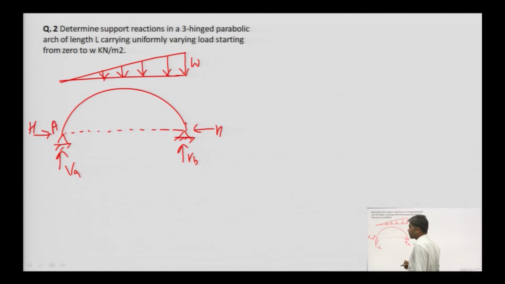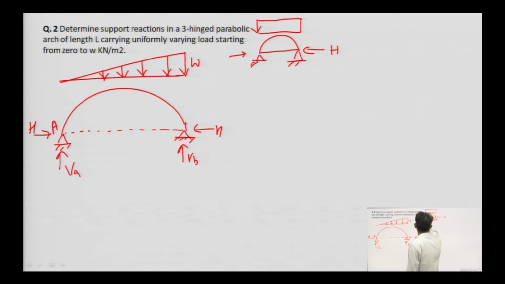But what I want to tell you through this question is that we have calculated the value of h for the UDL case, and that value is WL square upon 8h.